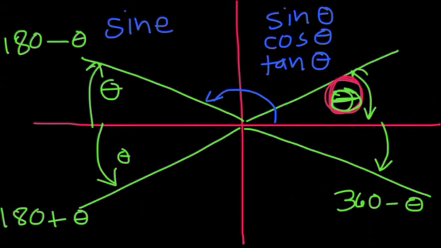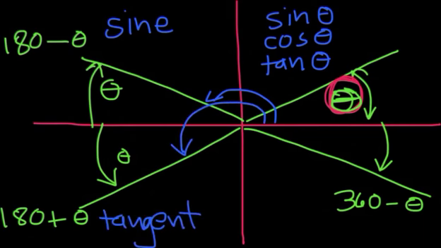If I measure an angle that takes me into the third quadrant, then it'll only be the tangent ratio that gives me a positive answer. And if I measure an angle that will take me into the fourth quadrant, then it will only be the cosine ratio that gives me a positive answer.